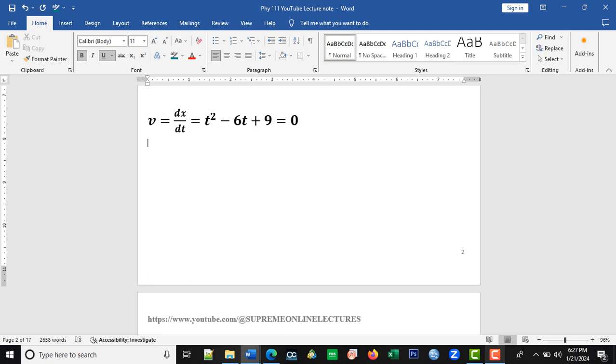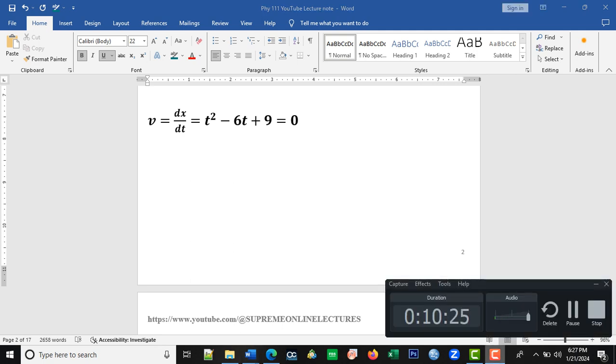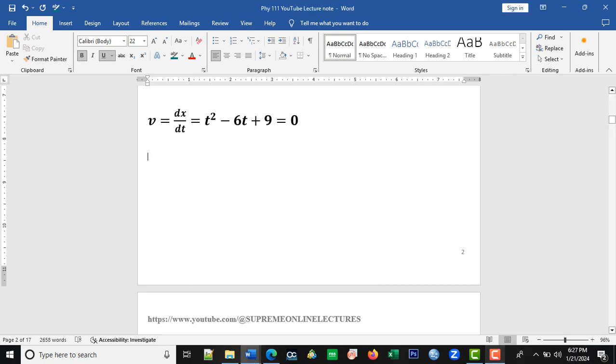So we simply say t, let me zoom this so that you can see it clearly. Of course, I believe that you still remember how to factorize. We have the sum here to be minus 6 and product here to be 9.